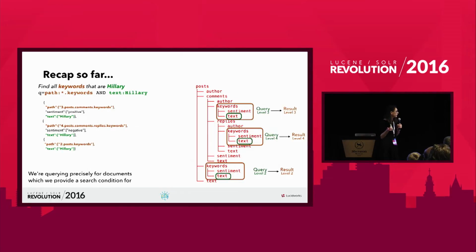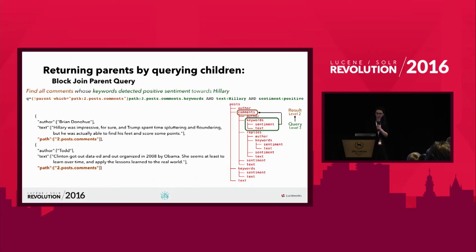But what if, because we have hierarchical data, we're interested, for example, in finding comments that had negative sentiments toward Hillary? You see that here we have the condition on the search, written in green, in the green box, on level 3.